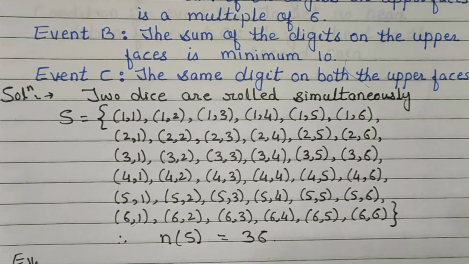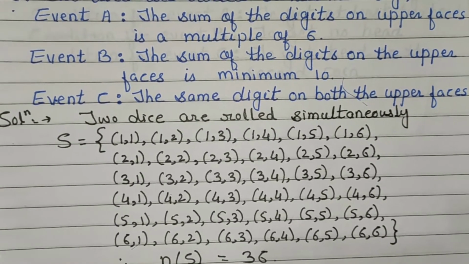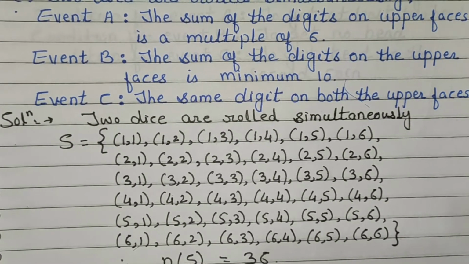Now event A. Now the event A, the condition is the sum of the digits on upper faces is a multiple of 6.